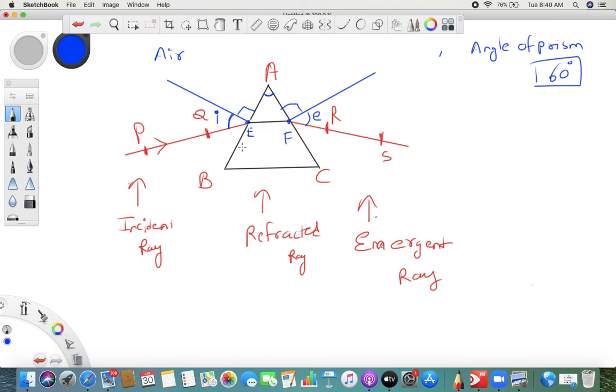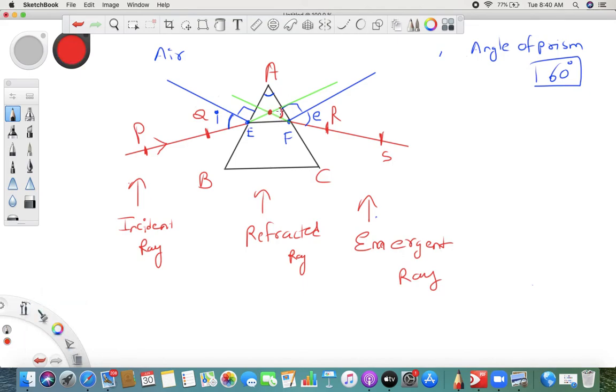Now what they are trying to tell you is, if you extend these two lines, the incident ray and the emergent ray, they meet at one point here.